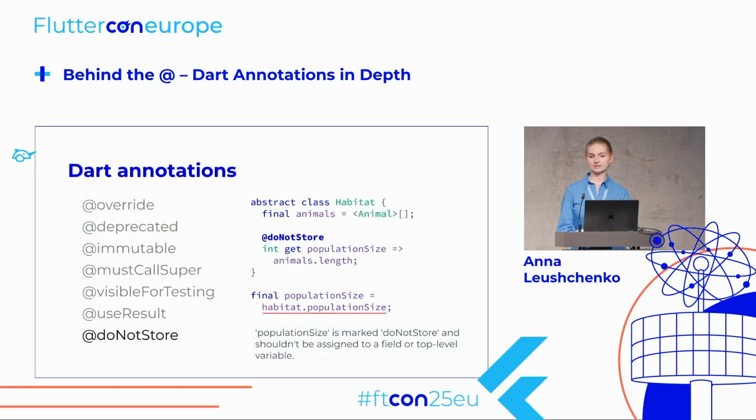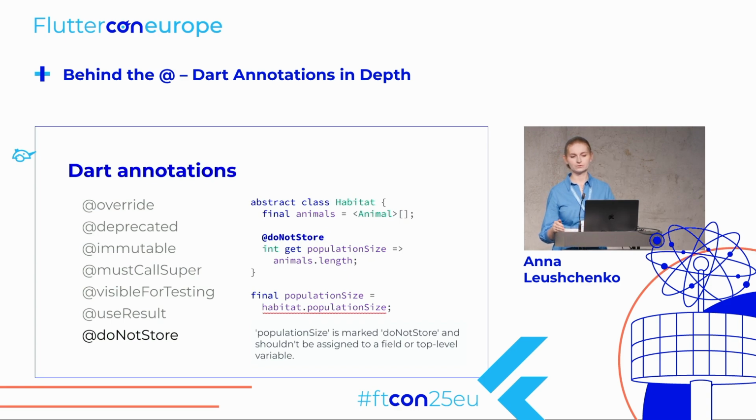And there is an annotation called do not store, which has the opposite effect. Imagine there is a getter which is likely to return a different value every time it is called, just because the environment it talks to is very dynamic and it changes quickly. Like, for example, the animal population size.